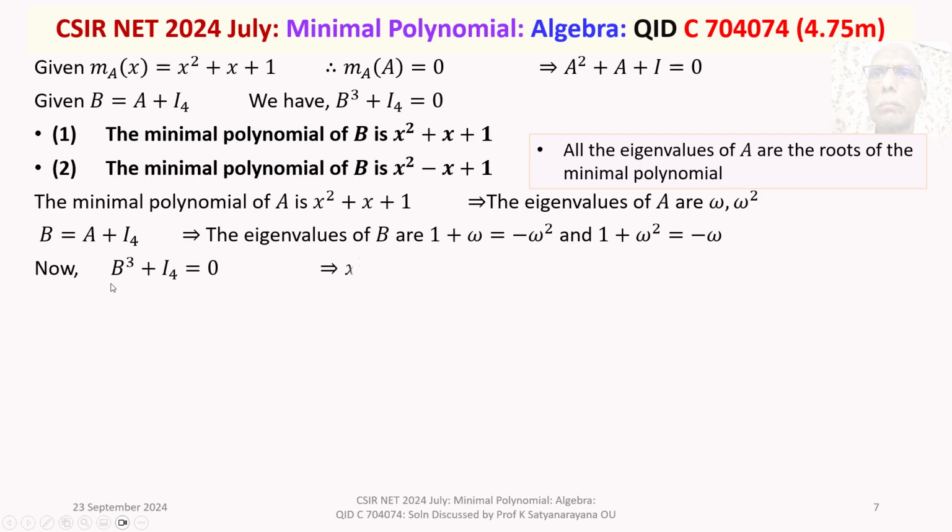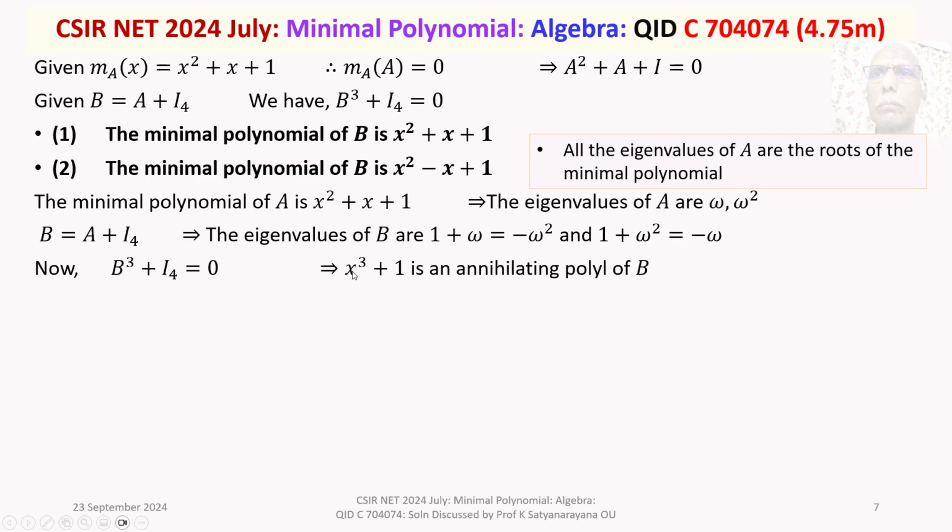Right. Now we have already had this statement. We have already proved B cube plus I is equal to 0. That is, B satisfies the polynomial x cube plus 1.